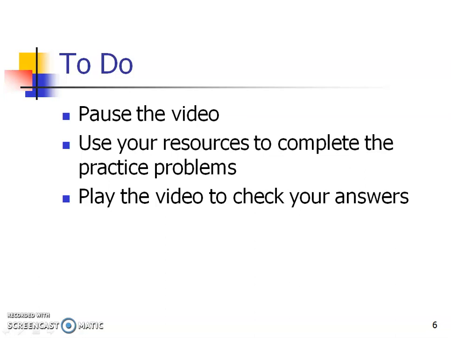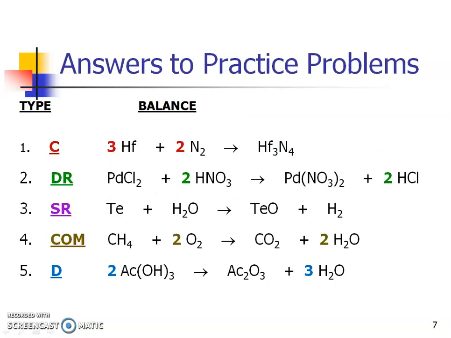All right, so hopefully you paused the video, you used your resources, your balancing notes, your type of reaction notes, the flow chart, anything that you need to understand those answers. So now here's 1 through 5. I just abbreviated here, but make sure that you have all of those correct coefficients. All right, and I'm going to go on to the next one.